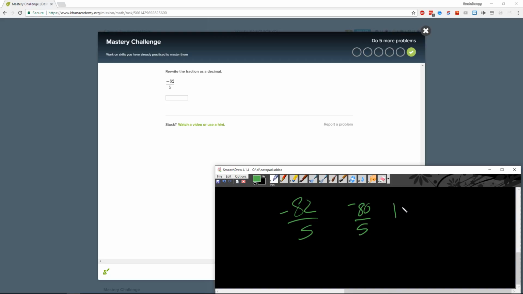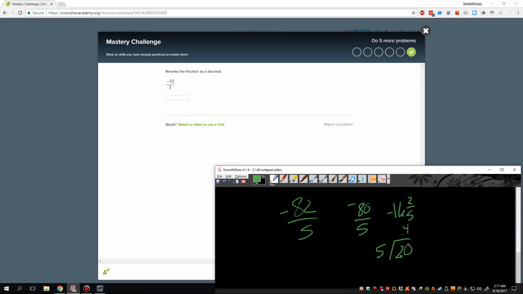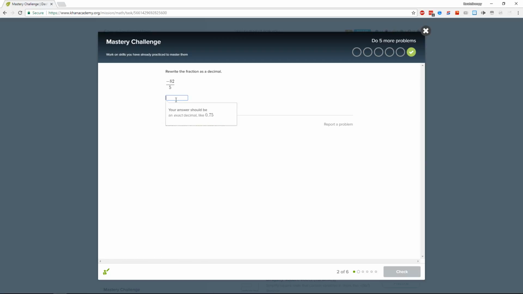Negative 16. Negative 16 and 2/5. And 2 divided by 5 is 0.4. Yep, negative 16.4 looks like.